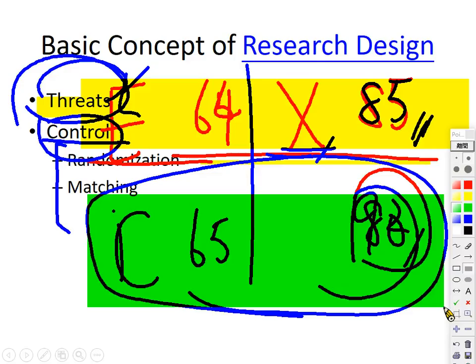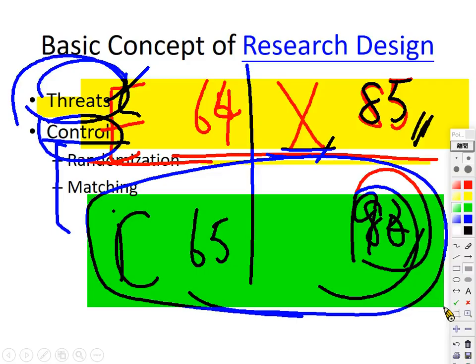So there are 2 ways to make this kind of equality. One is through randomization. We have 41 students here. So in the beginning of the semester, I use a computer to randomize and put you into 2 randomized groups. Okay, randomization, right?